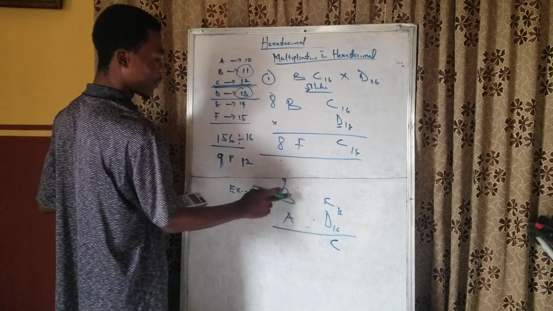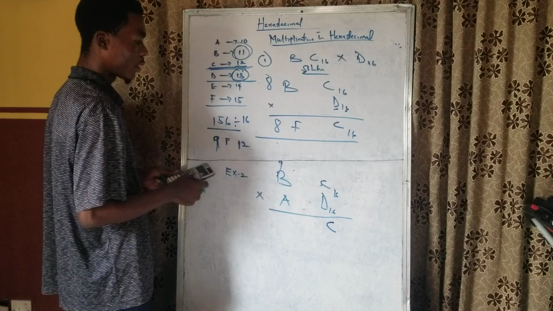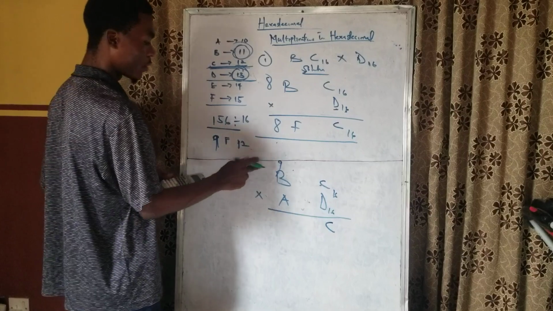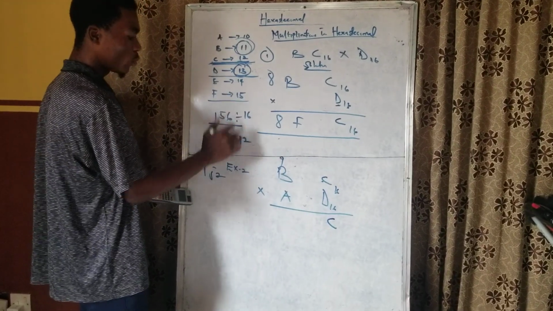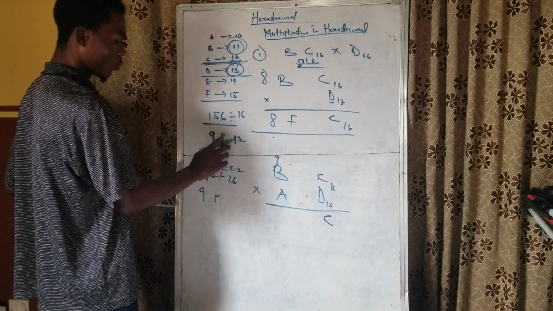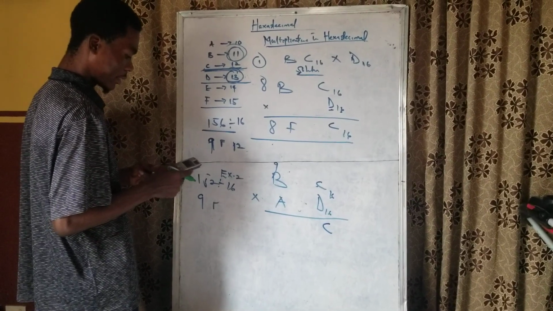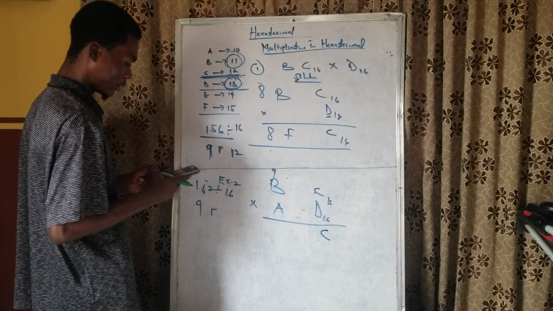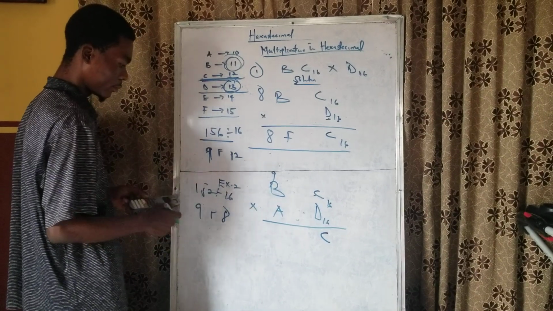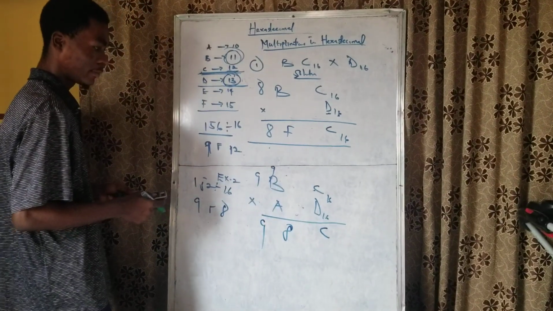Then D multiplied by B, that's 13 multiplied by 11, that's 143. 143 plus 9 is 152. 152 divided by 16 is 9 remainder 8. Then we drop the 9 back. Do we get that?